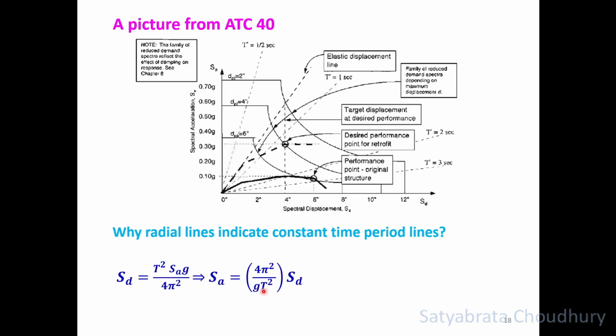If time is kept constant, then the whole term within parentheses becomes constant. So it is y equal to mx pattern, a straight line passing through the origin. That's why when T is constant, you get a straight line passing through the origin. So these are the radial lines showing some values of the time period.